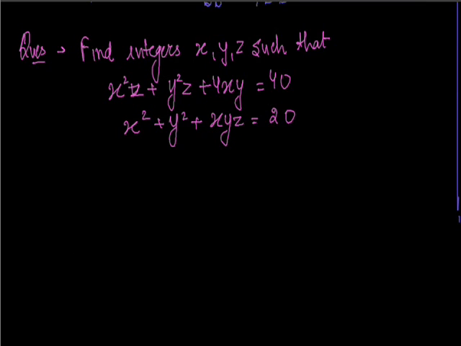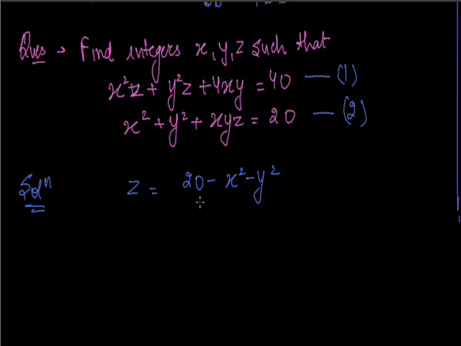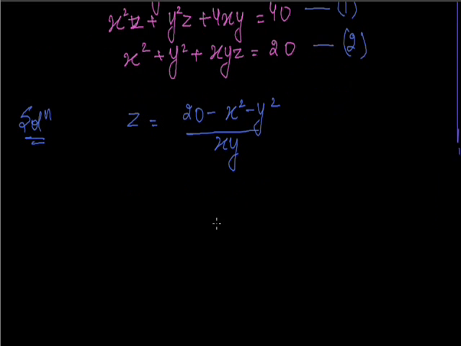Let's move to the solution. First we will take the first equation as equation 1 and this is equation 2. From equation 2 we will find the value of z. Z is equal to 20 minus x square minus y square upon xy, and we will put the value of z in equation 1.